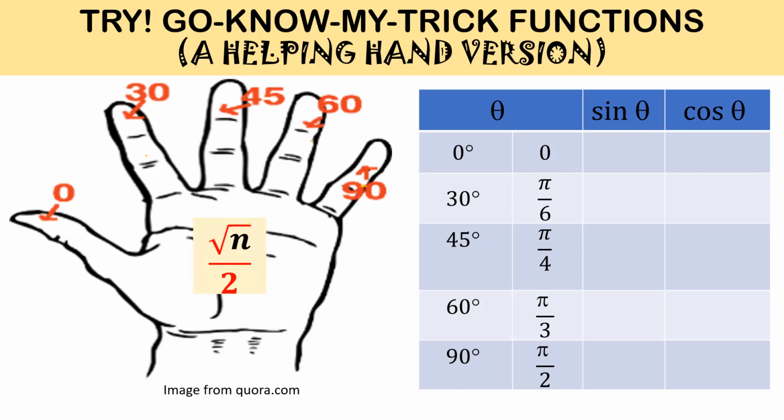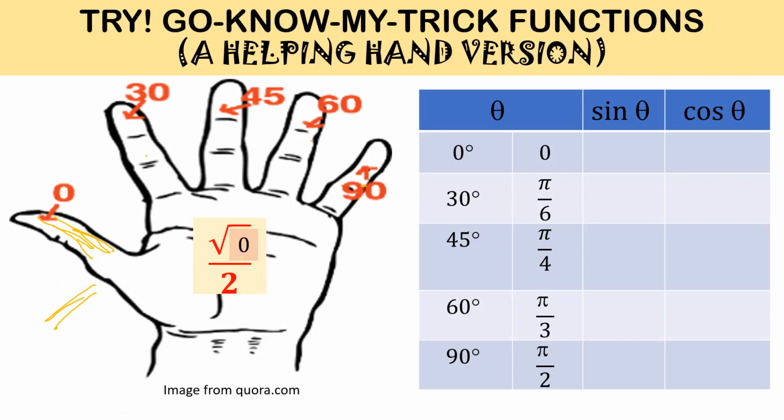Okay? Tapos lumalabas dito, we start with 0, yung ating number of fingers natin, no, na nasa left side. Okay? So, ito yung 0 degree. So, if we are to fold this finger, i-try nating i-fold yung finger natin sa left hand. If you fold this finger, the number of fingers you have here is 0. Okay?